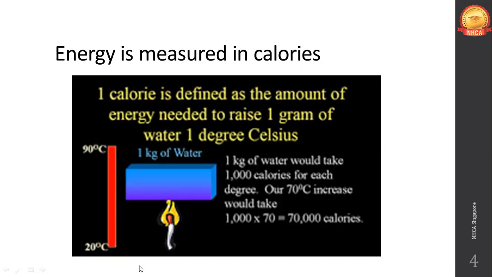The amount of energy required to raise it by this 1 degree Celsius is called 1 calorie. The definition is very well explained in an animated video.